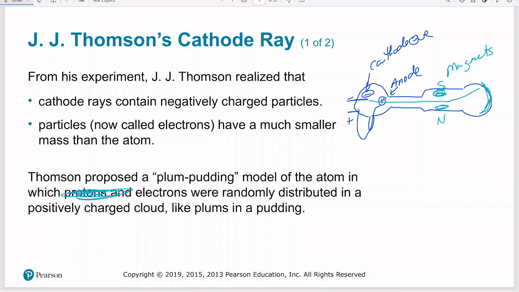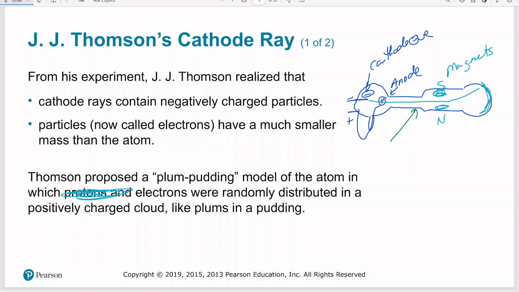In fact, he developed a cathode ray tube, and that might sound familiar. Older CRT monitors use this technology. He had a negatively charged cathode and a positively charged anode. He evacuated a chamber, meaning he drew a vacuum on the chamber, and applied a voltage across the anode and the cathode, which weren't touching each other.